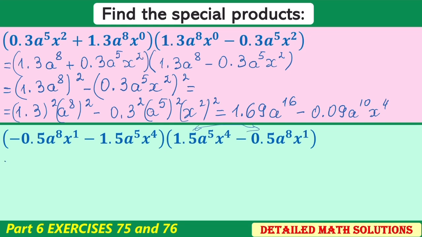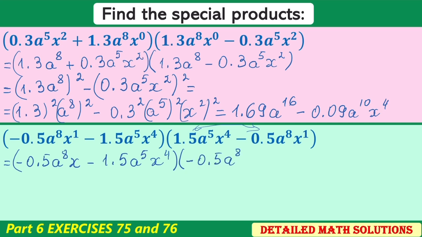And when I do that, this equals minus 0.5 a to the 8th power x minus 1.5 a to the 5th power x to the 4th power in parentheses multiplied by minus 0.5 a to the 8th power x plus 1.5 a to the 5th power x to the 4th power.